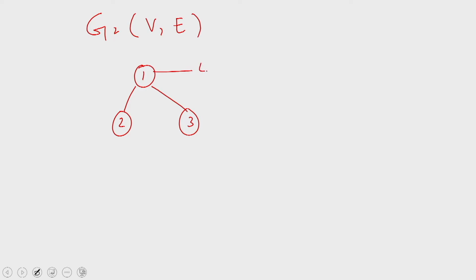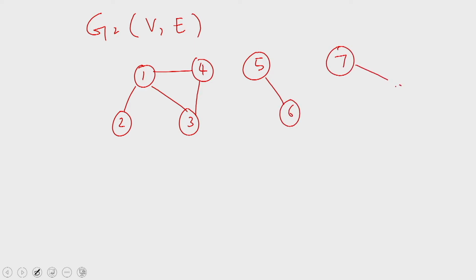Let us say we are given a graph G equal to (V, E). So, given this graph, what is necessary is to define a parent pointer for each vertex.